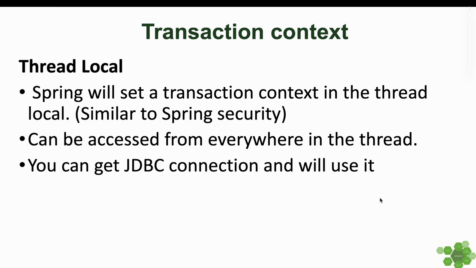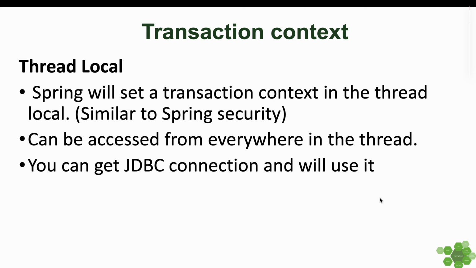So the thread executing that request that wants to transfer money from Bob to Alice, from one account to another, in that particular thread, the transaction context would be set. And you can access everything in terms of connection, data source. You can access it manually in that context. Because remember, nothing in Java can execute outside of a thread.